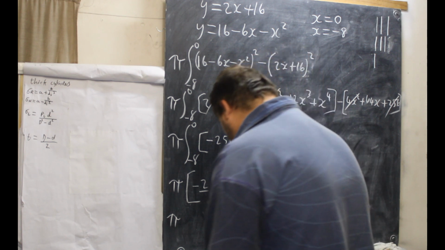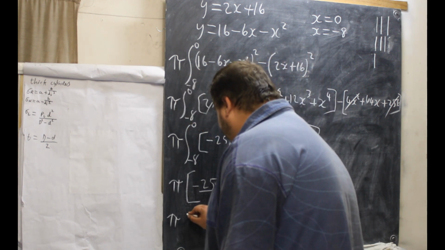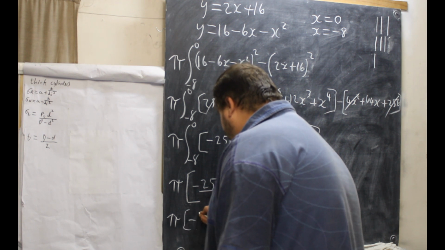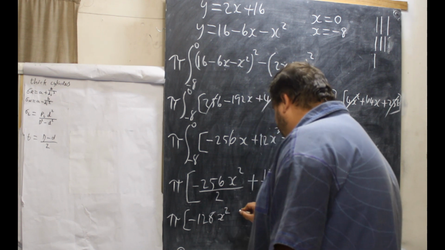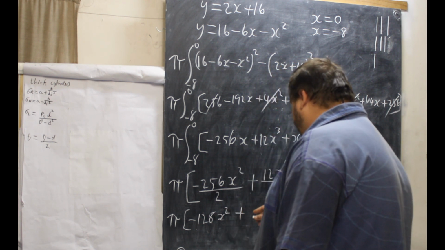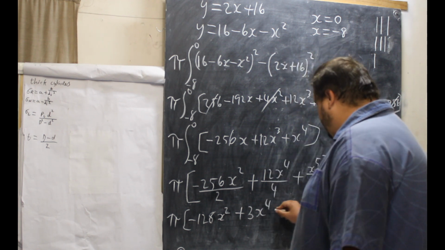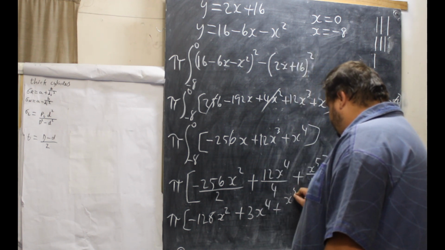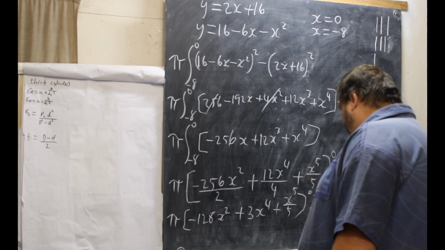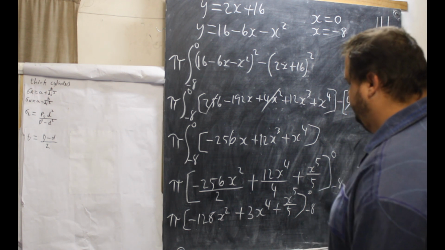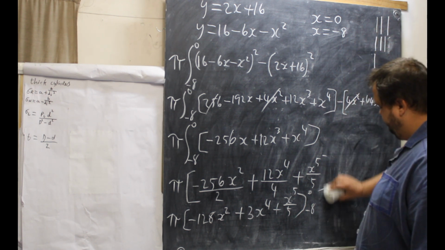Now, 256 divided by 2 is 128. So, minus 128x squared plus 12 divided by 4 is 3x to the power 4 plus x to the 5th over 5, from 0 to minus 8. Okay, next step.